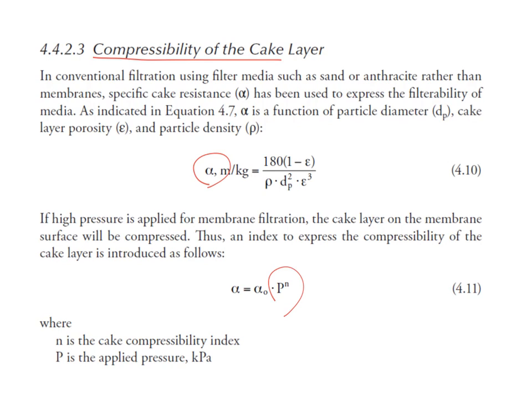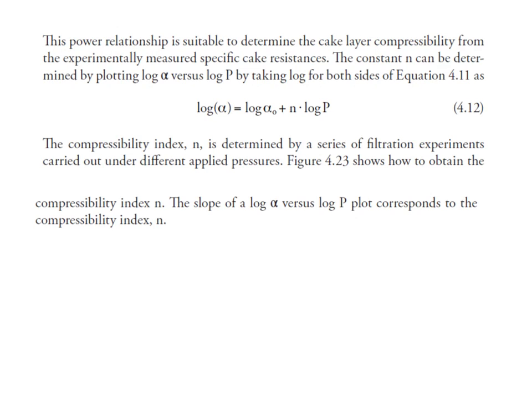And this compression is difficult to predict by theory, so we just have this empirical equation which has the term P to the n, which means if we apply pressure, the alpha increases. So by performing the experiments and by having this log-log plot, we can actually obtain this n value, and by using that, we can calculate this cake resistance at different pressures.